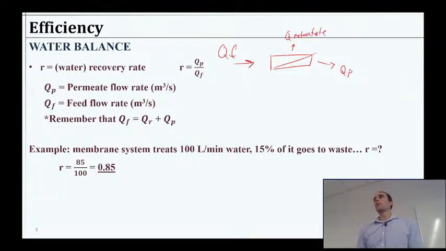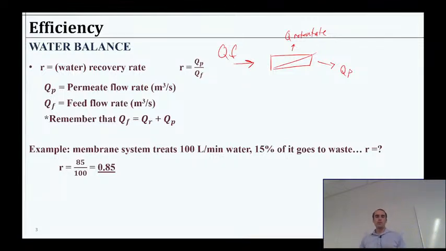Well, we're not creating or destroying any water here, so the Q total is going to be QF. And so we could say QF is equal to QP plus QR. So just to make that note, hopefully that's obvious once we say it, but if you forget that when we're solving a problem, you might be scrambling to figure out, oh, well, what's this flow rate? So just keep that in mind. Water's going somewhere. We have conservation of water here.